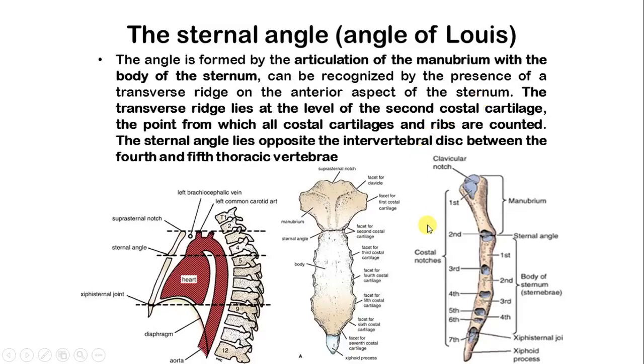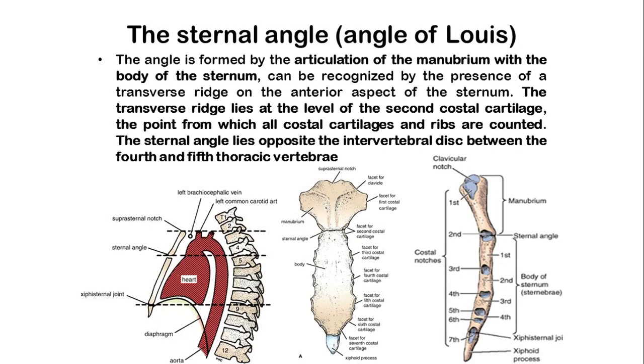Then we will say something about the sternal angle because it's very important. In this diagram we see the manubriosternal joint, the sternal angle or angle of Lewis. If you feel on your own body, go down from the jugular notch and keep feeling the center of the sternum.